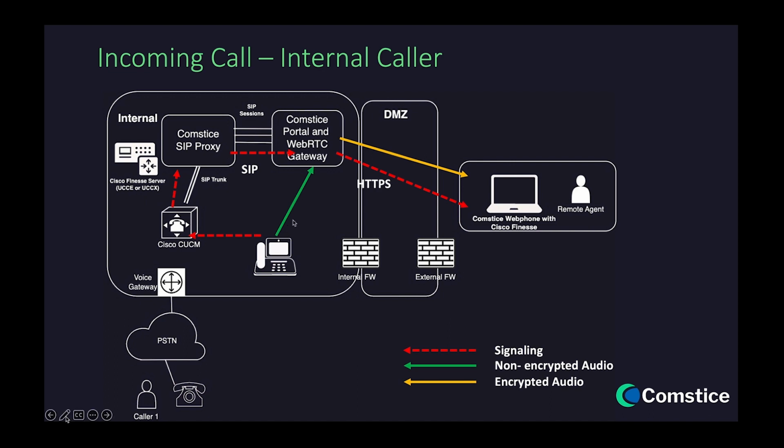But the internal audio stream, you can decide not to encrypt it because it's an internal leg of the call, so that you don't have to enable TLS in the whole call manager network just because you want to use Webphone Gadget. The internet facing leg of the call is already encrypted.